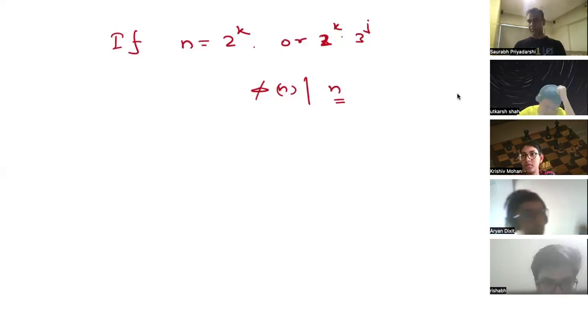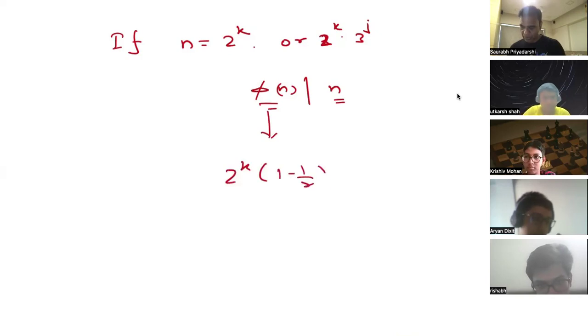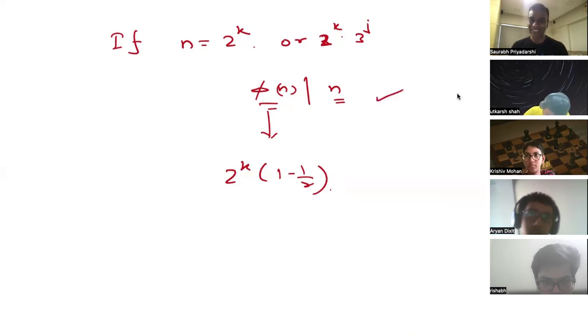Just write down what is phi n in this case. 2 to the power k, 1 minus this. 2 to the power k minus 1. Right? So that always divide and, right? And any other question? दूसरे वाले का होगा 2 to the power k minus 1 into 3 to the power j minus 1. Okay, done everyone?